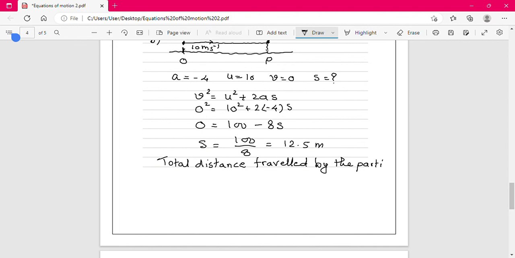It will be double of 12.5. 12.5 in the forward direction and 12.5 in the backward direction. So 25 meters. And hence during this time interval, the total distance traveled by the particle will be 25 meters.